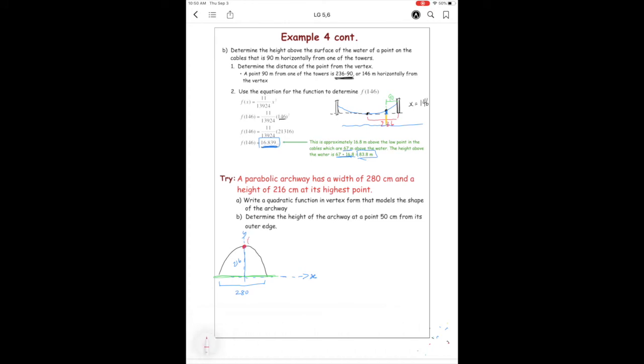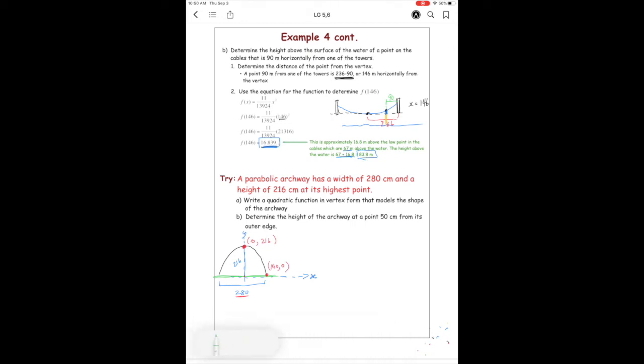So now I can put in some information. This coordinate right here, this vertex is 0, comma, because remember I'm using this guy, and it's up 216. And I'm going to take this point, because remember you need a point as well as a vertex, is going to be half of this guy, because remember it's 280 across, so it's going to be 140, comma, 0.